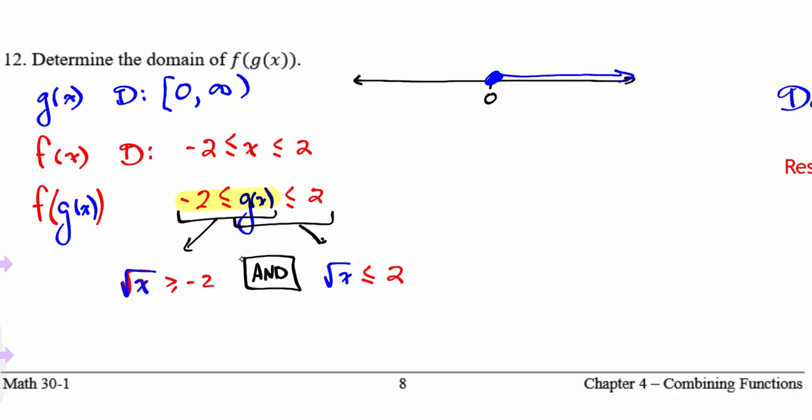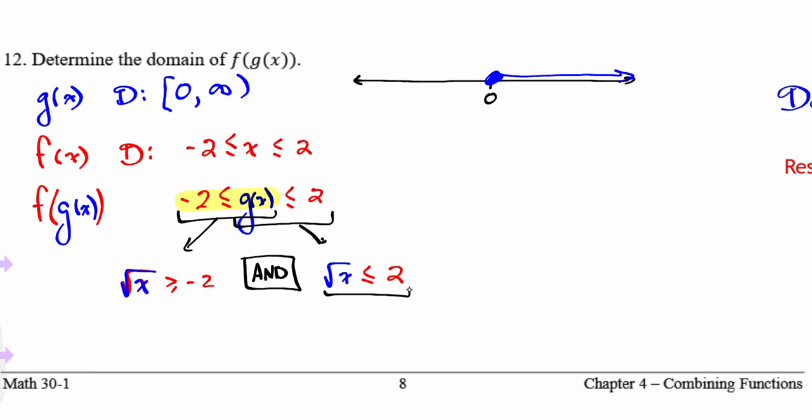So let's start with this side over here. And we'll say square root of x is less than or equal to 2. Can I square both sides? What is squaring? It's repeated multiplication. My right side is positive.